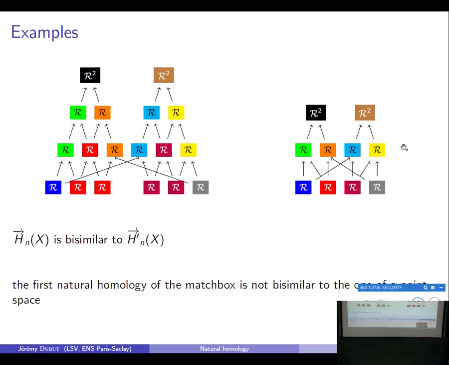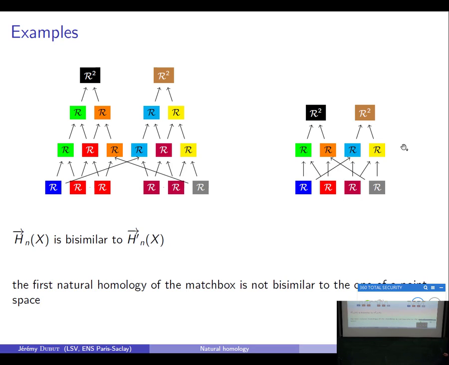Okay, so now we have our structures, and we have a way to compare them. So let me show you some examples. As I told you, the first natural homology of the gluing of two directed segments will be equivalent to these finite diagrams. Actually, there is an open morphism from this one to this one, which is depicted with the color. Maybe it's not very visible.